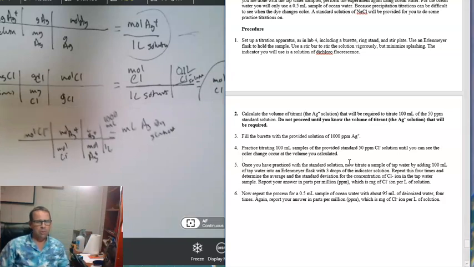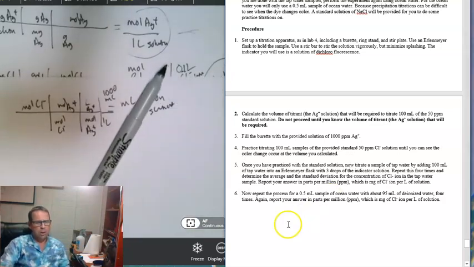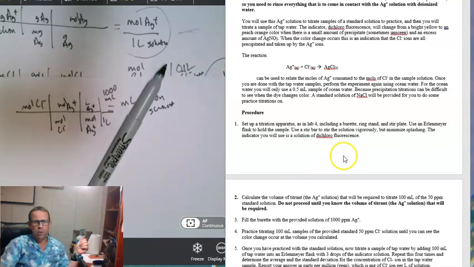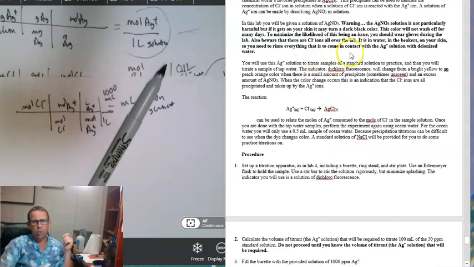Again, we got a couple of unknowns. A few things to remind you of. First of all, there's a warning in here: the silver nitrate solution is not particularly harmful, but if it gets on your skin, it will turn a dark black color, and it won't go away for about 4 days, maybe a week.